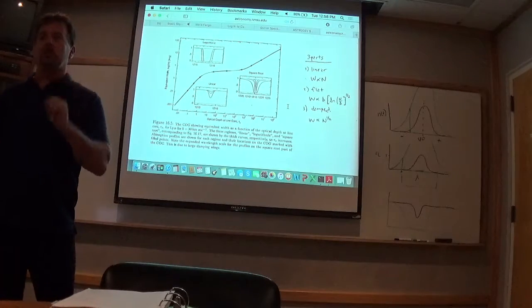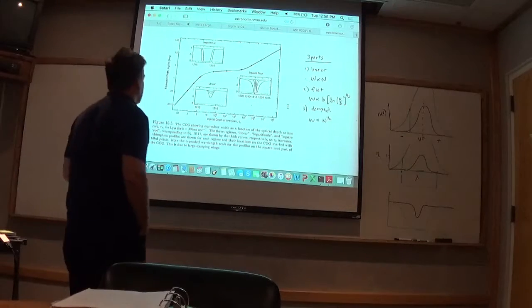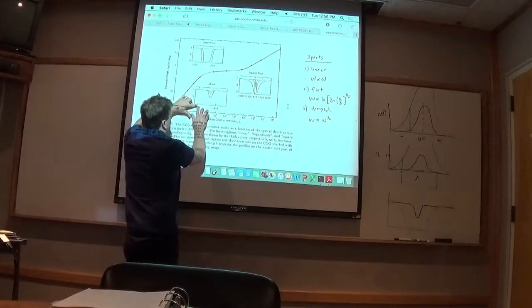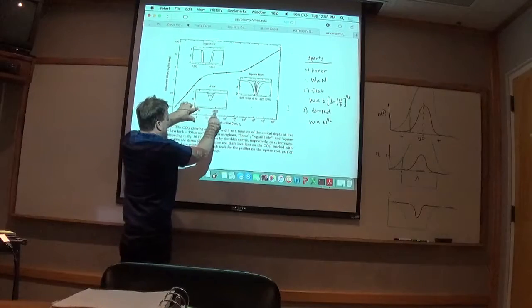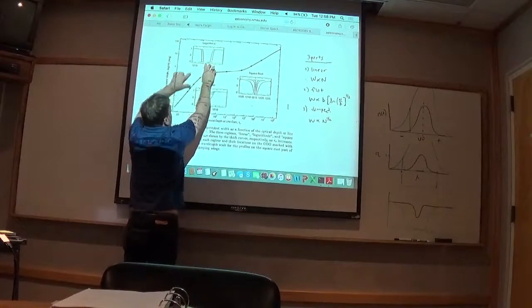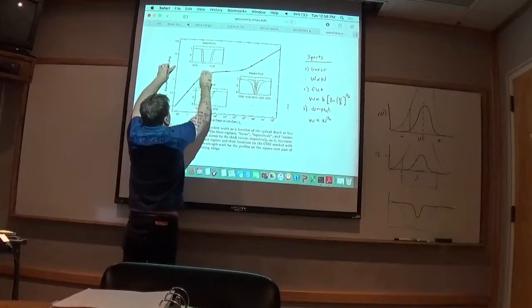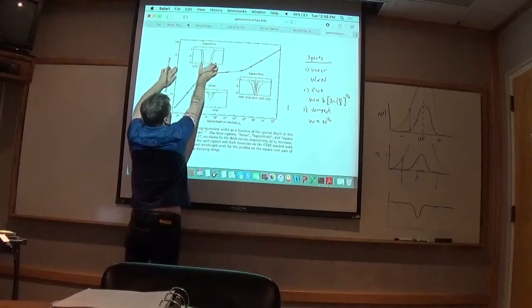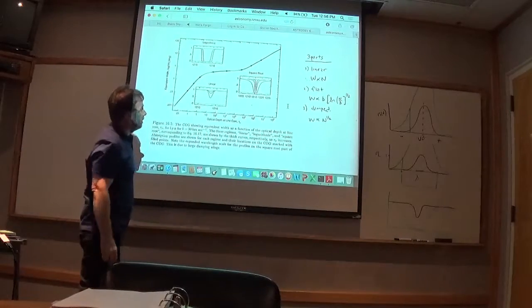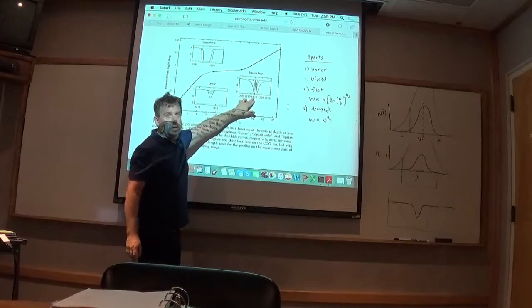But I want you to look at this graph and notice something very different. Look at the range here. This is 1215.6701. This is an angstrom. Same here. This is an angstrom. These equivalent widths are on the order of a tenth to an angstrom of width. Okay? Look at this one.